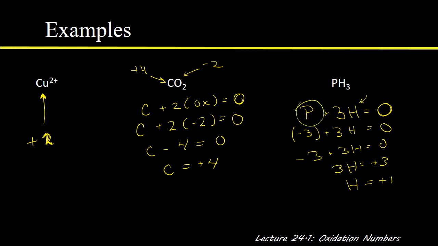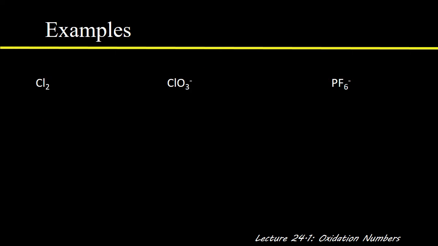Either way, we'd get the same thing. Excuse me. Phosphorus is -3, and the hydrogen is +1. Okay. All right. Okay. Same thing here. Give these a try, and then unpause, and we'll compare our results.